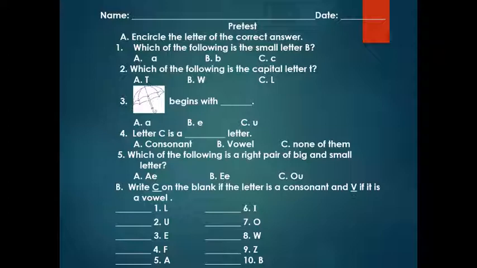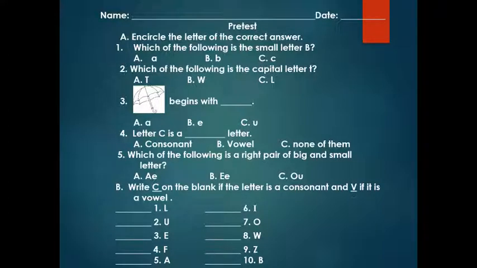Letter A, consonant. Letter B, vowel. Letter C, none of them. Number 5. Which of the following is a right pair of big and small letter? The one in letter A, the one in letter B, or the one in letter C?